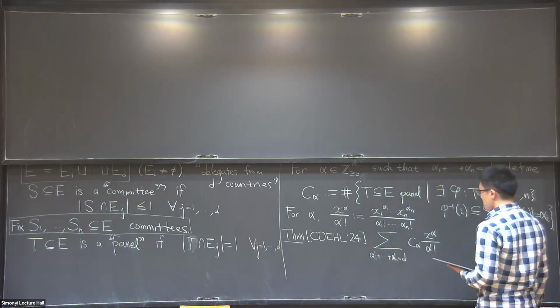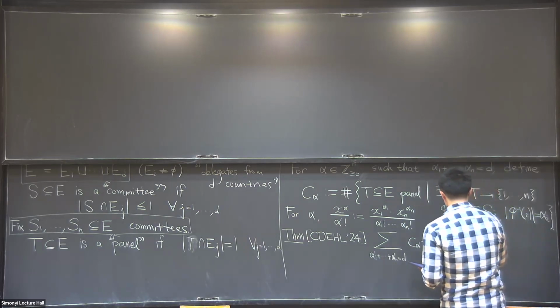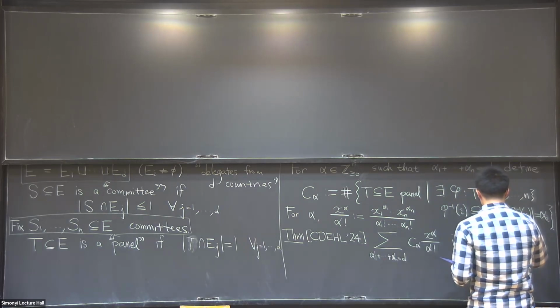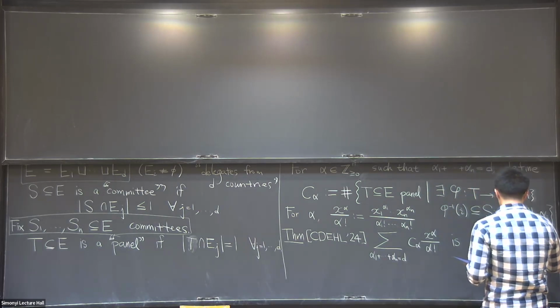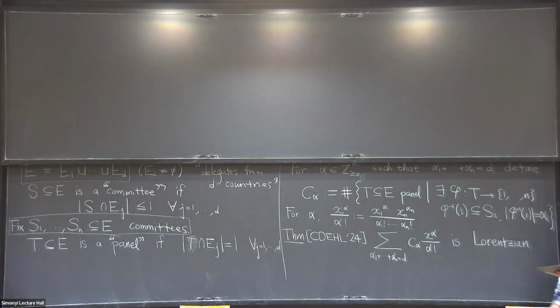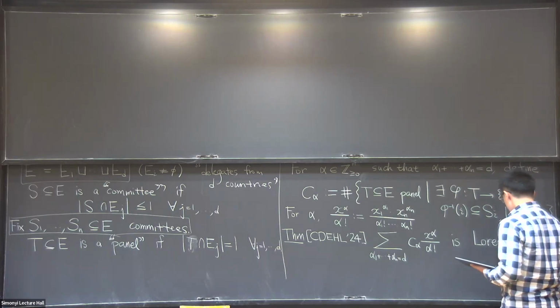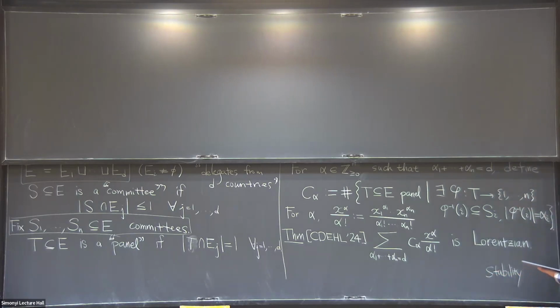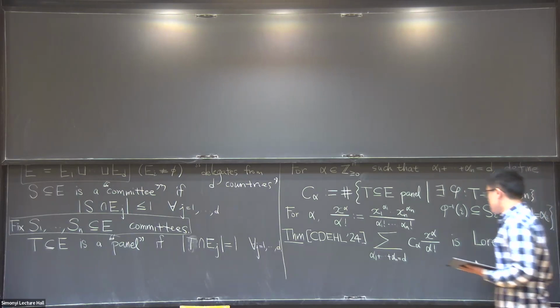So this is some polynomial, and the statement is that this is Lorentzian, which technically you don't know what it means yet, but you will very soon, I think almost the first thing tomorrow. So we have this notion of stability, which had a nice implication. And Lorentzian is some generalization of the notion of stability. And the statement is that this polynomial is actually quite nice.